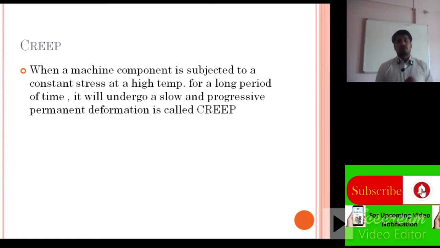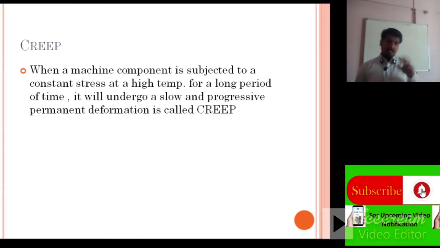When a machine component is subjected to a constant stress or constant load at a high temperature for a long period of time, it will undergo a slow progressive permanent deformation, which is called creep. Many times confusion arises here between the creep and toughness properties. We will separate both properties by a small point.